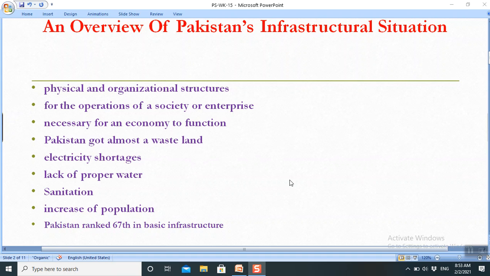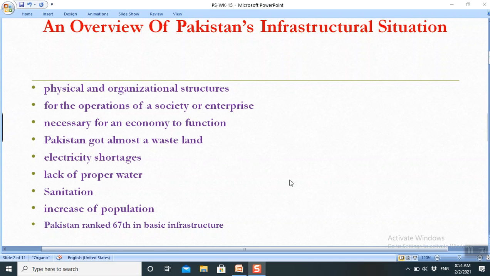Pakistan constructed dams. Tarbela, Mangla, and other dams were constructed. Roads were constructed, and agriculture reforms were made.